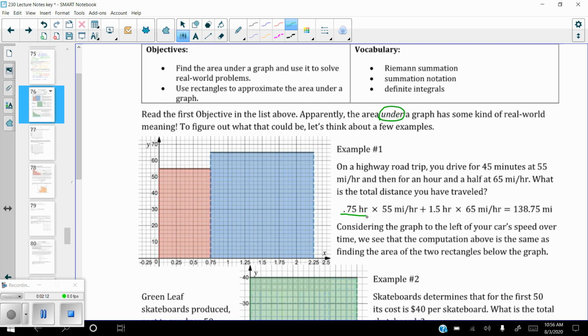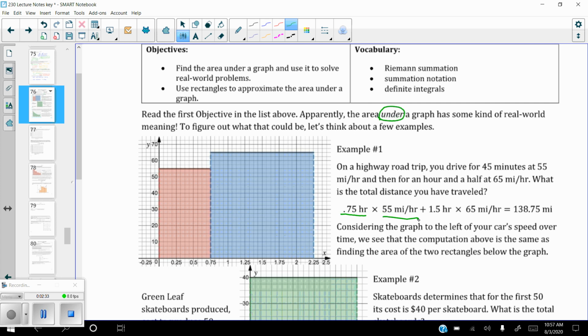Then at 55 miles per hour, you would multiply those two things together, and what you would get is 55 times 0.75. I'm not even going to try and guess what that number is. I probably should have used 60 miles an hour. It would have made it a lot easier. But that's all you would have to do to figure out how far you've traveled.